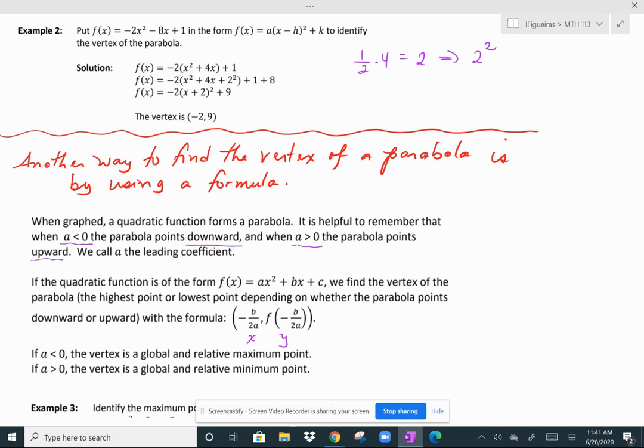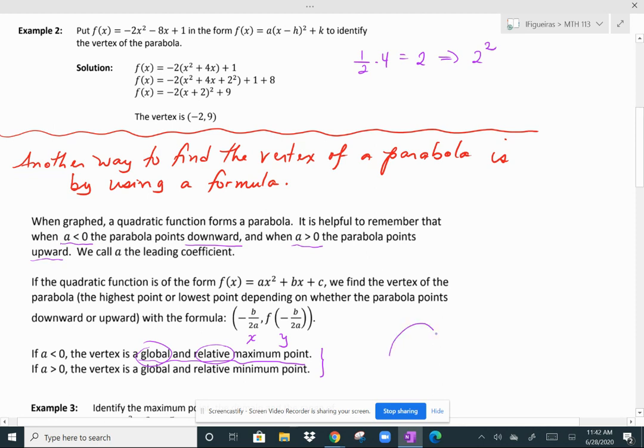And just to remind you of something we talked about in a previous section, if your a is negative, meaning the parabola is going to be an upside down U, then your vertex is going to be a global and a relative maximum point. Remember that another word there would be universal, and here another word would be local maximum.